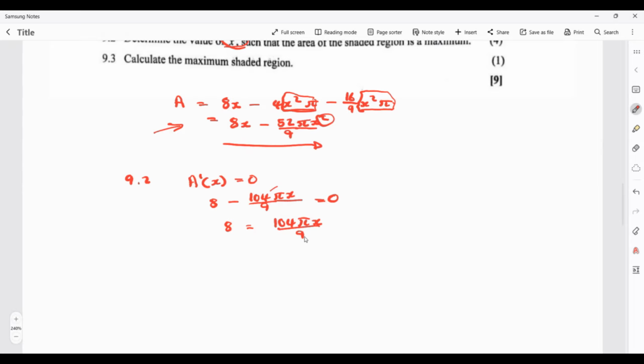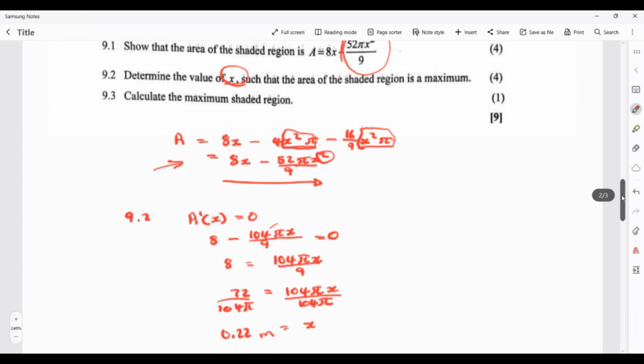The first thing I'll do is multiply both sides by 9, so I get 72 equal to 104 pi x. Then I can divide by 104 pi, and my x will be 0.22 meters. That's my value of x.